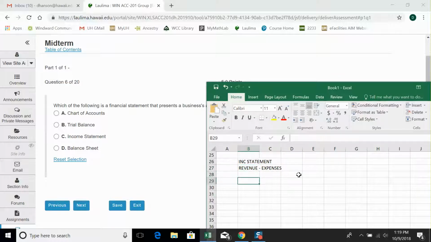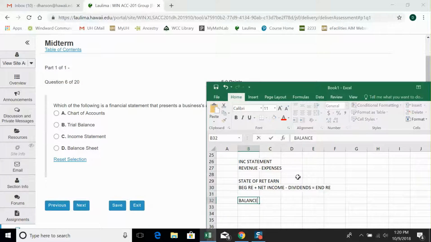Statement of retained earnings is really your beginning retained earnings plus your net income minus dividends. And that'll give you your ending retained earnings.